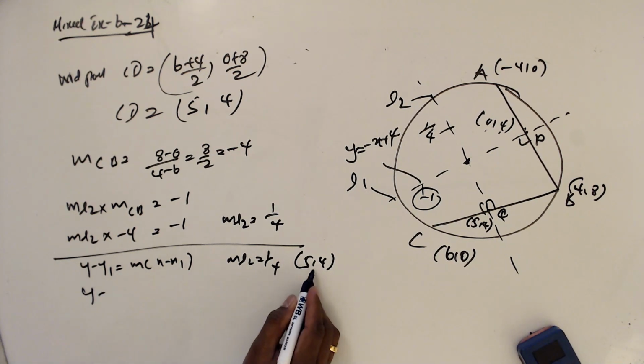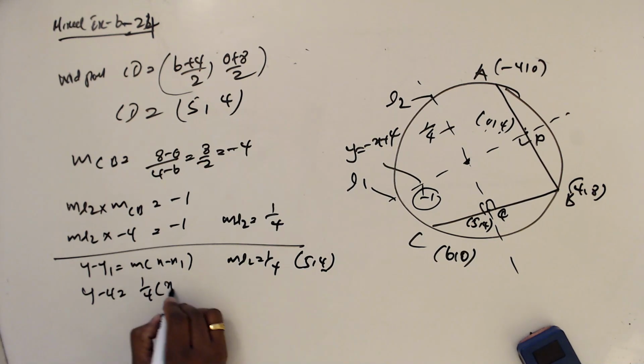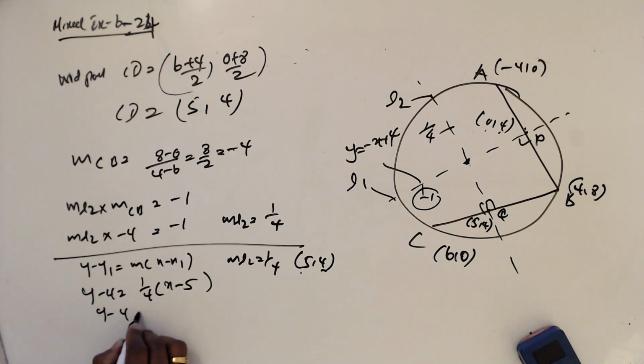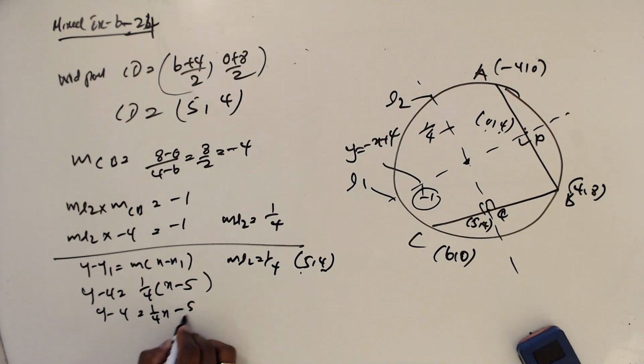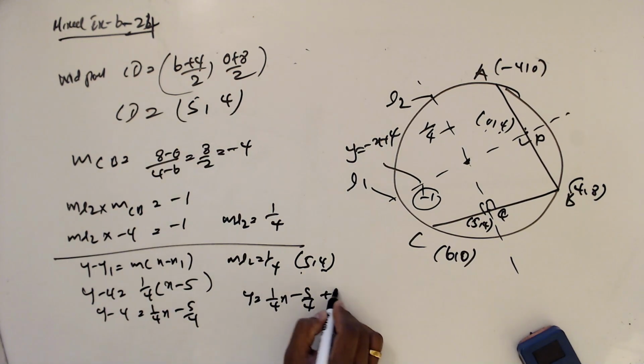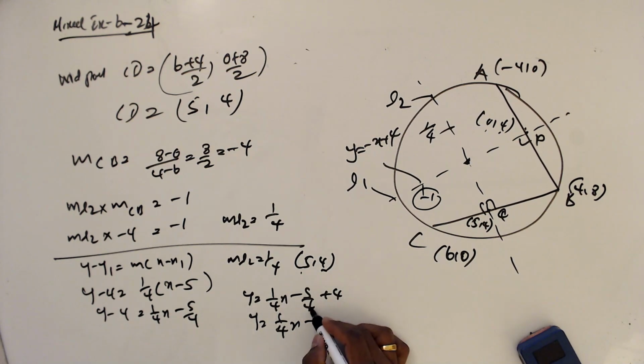y minus 4 equals 1 over 4 times x minus 5. y equals 1 over 4 x minus 5 over 4 plus 4. It is going to be y equals 1 over 4 x plus 11 over 4, because 4 times 4 is 16, minus 5 is 11.